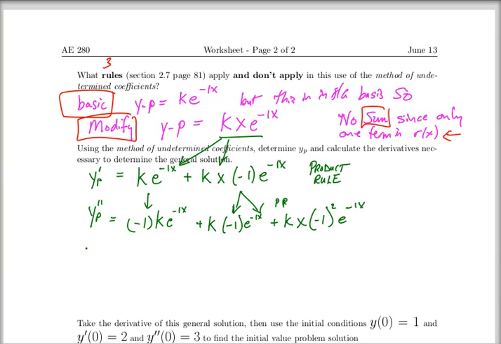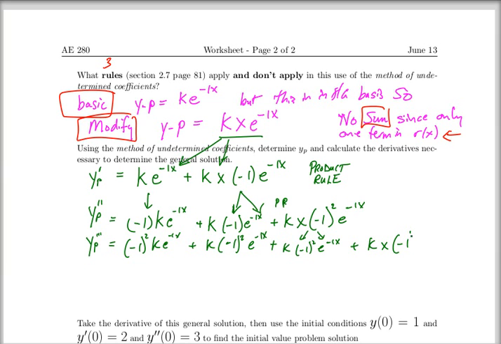And y triple prime p, this is going to be minus 1 squared k e to the minus 1x plus k minus 1 squared e to the minus 1x plus, now we've got the product rule again, k minus 1 squared e to the minus 1x plus k times x times minus 1 cubed e to the minus 1x.